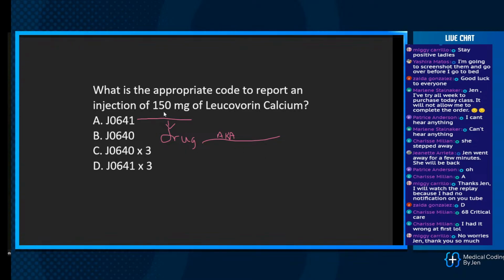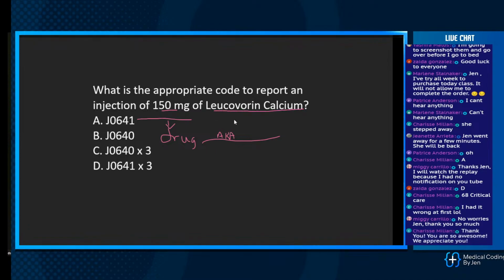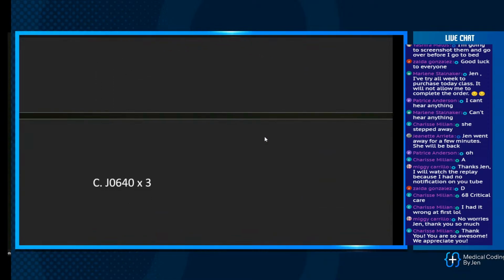This one is going to be that it's 50 milligrams per, and you need to know that if they ordered 150, you're going to times 3 it. But for some of the other ones during the HCPCS questions on the exam, they're going to give you a name that doesn't look like anything in the CPT code descriptor, which is directly across from the code. But if you look 3 lines down, look for the word drug, they'll have some AKA terms, and that's where you can find the names that they might be picking out, and that will help you out during the exam.